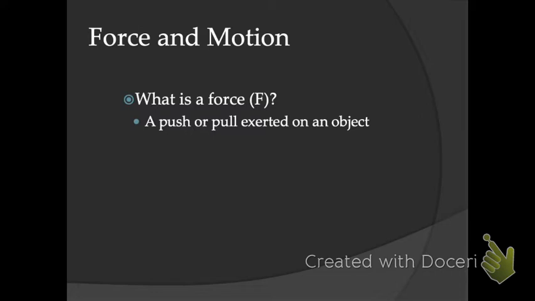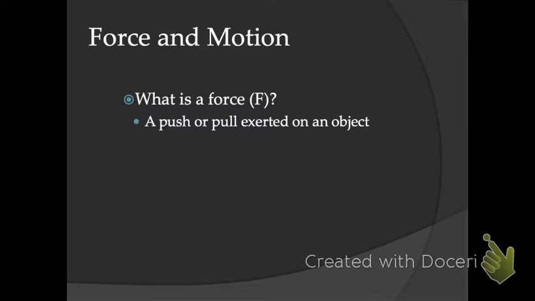The Earth is pulling things towards it with a much greater magnitude than anything else, because nothing has a greater mass than the Earth itself. We're going to study that later. But the force of gravity happens between any two objects, though most often we're talking about between the Earth and the object.